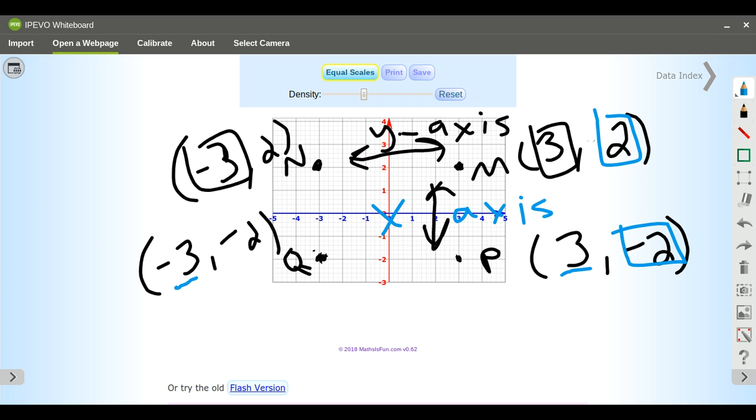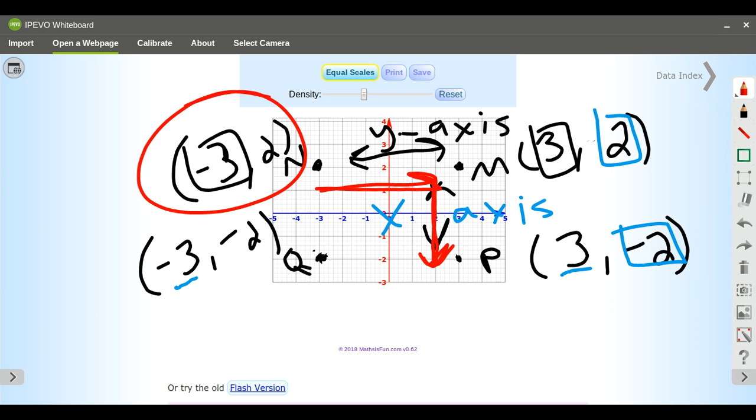Now if I take a peek, so let me see if I can get a magical third color. So if I go across the x-axis and then reflect down across, if I reflect across the y-axis and then down across the x-axis, if you take a look at these two coordinates, you will notice that they are going to have reflections of each other across both axes.